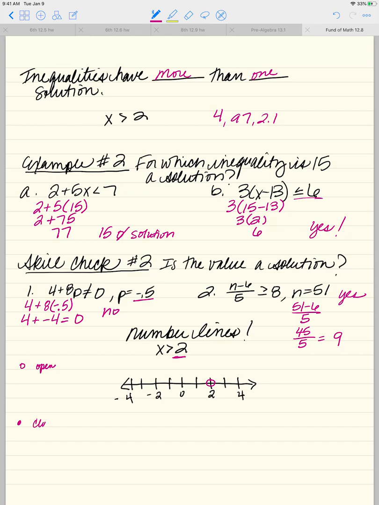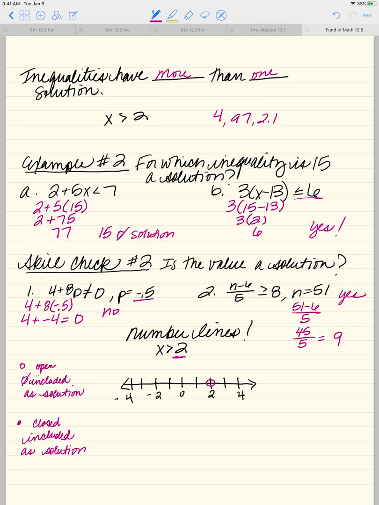A closed circle says, yes, the number that we are putting the circle on is a part of the solution set for the inequality, okay? So open circle, not included as a solution. Closed, included as a solution.